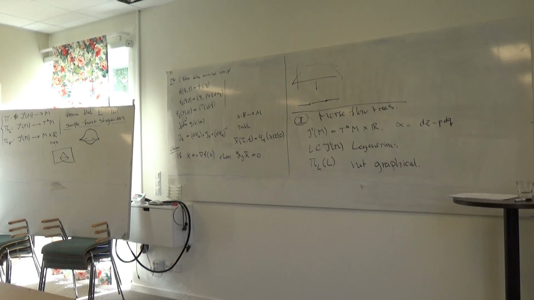How restricted is this assumption? In dimension n equals 1 it's not restricted, because everything is generic, so you can perturb. But in high dimensions, I'm not sure how restricted. In dimension 2, all you need is swallowtails.